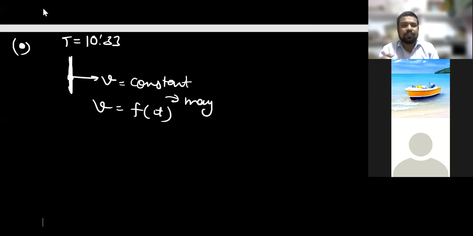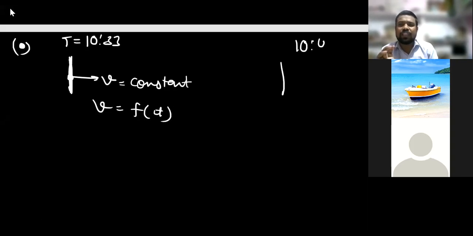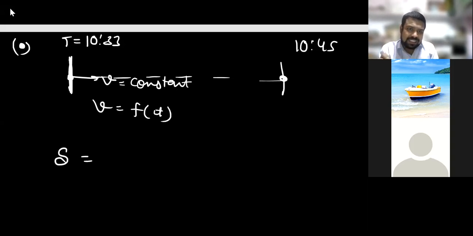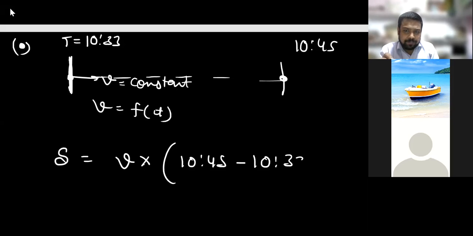Now after some time, say the time is 10:45, it has traveled some distance or displacement. So what is the displacement? S is equal to v into 10:45 minus 10:30. So this is the t2 time and this is the t1 time. Clear, my dear friend?